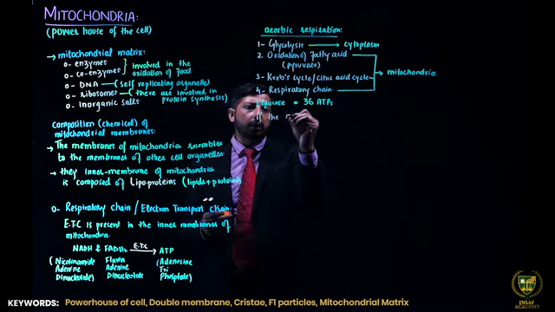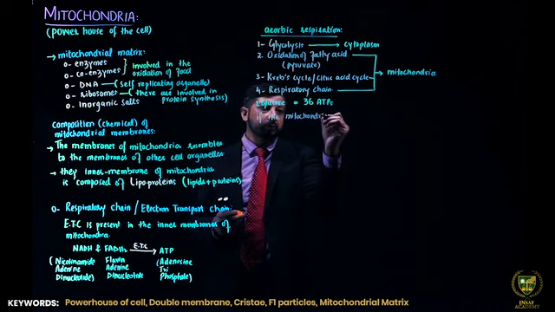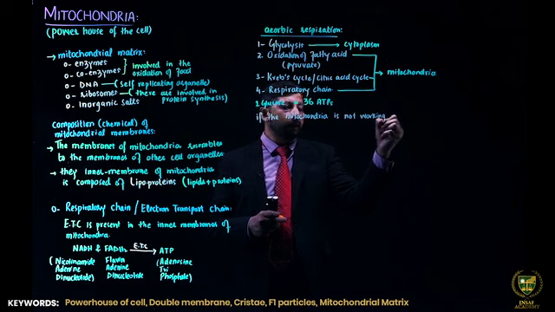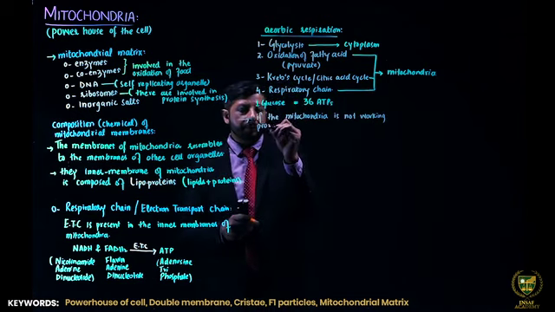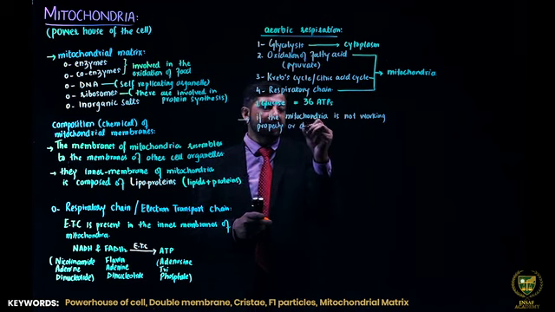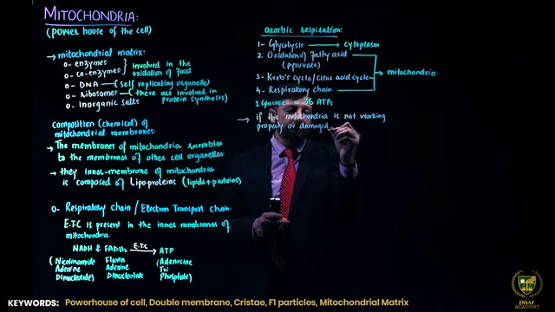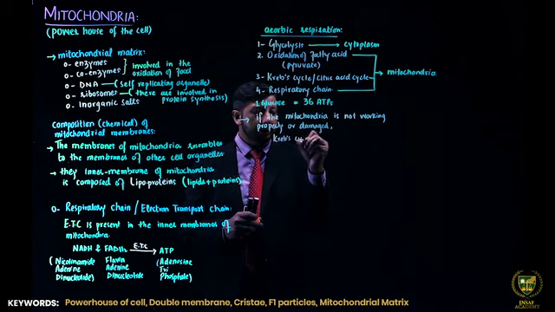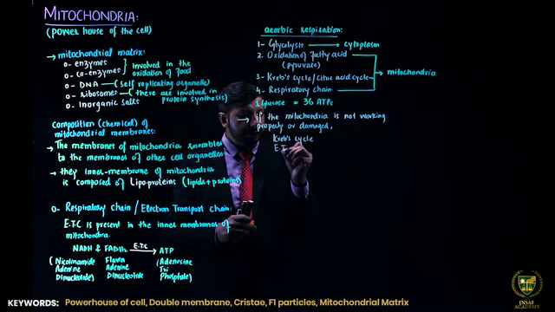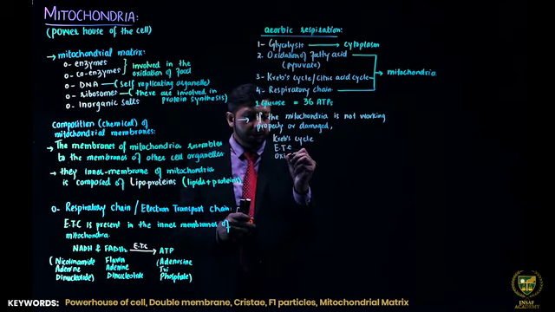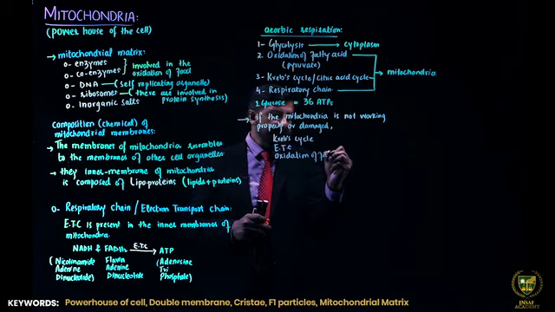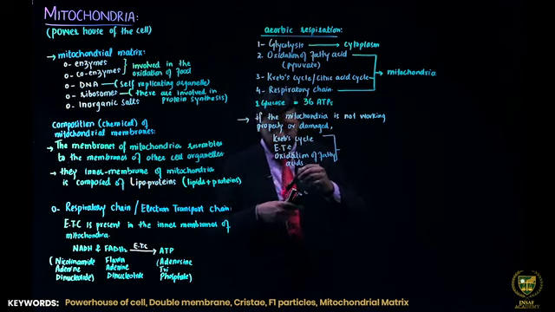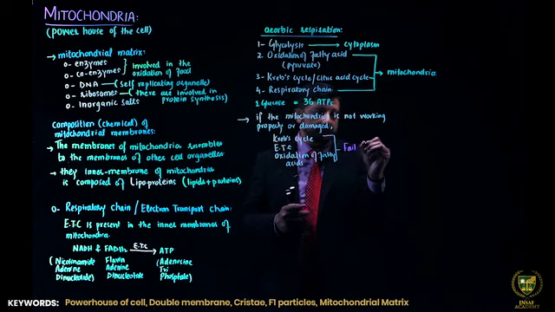इट मीन्स if the mitochondria is not working properly, or damaged, clear, Krebs cycle and electron transport chain and oxidation of fatty acids, these will fail to perform.